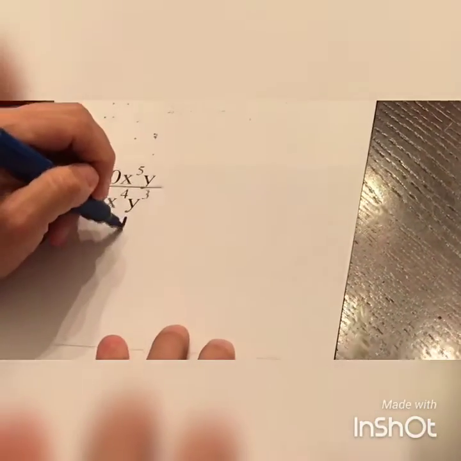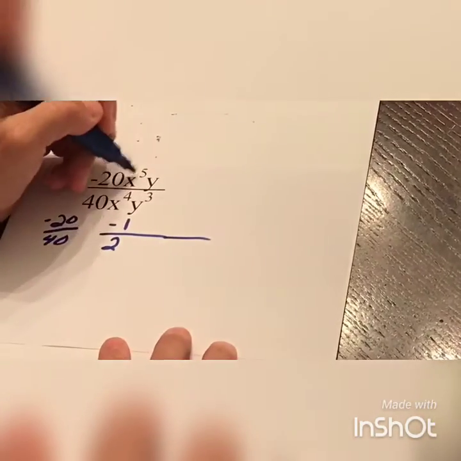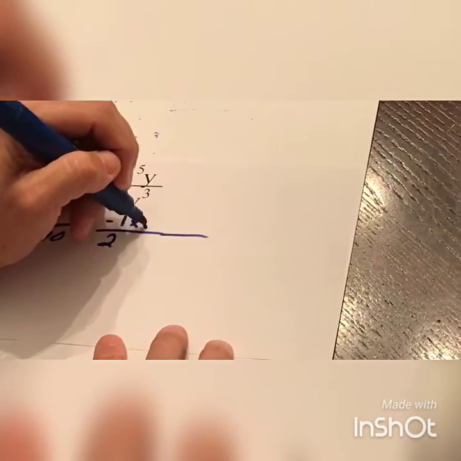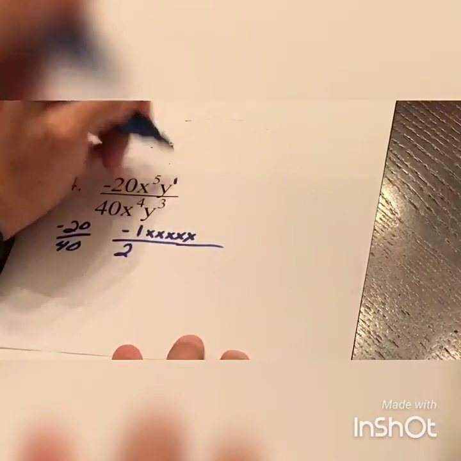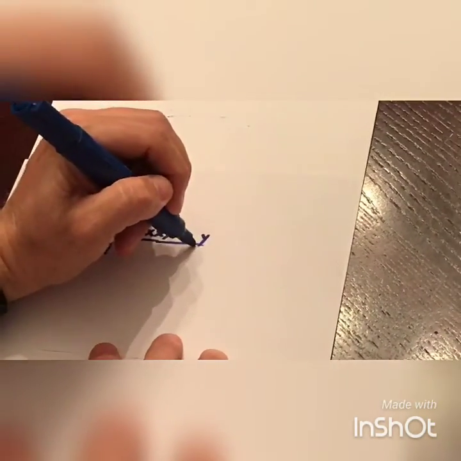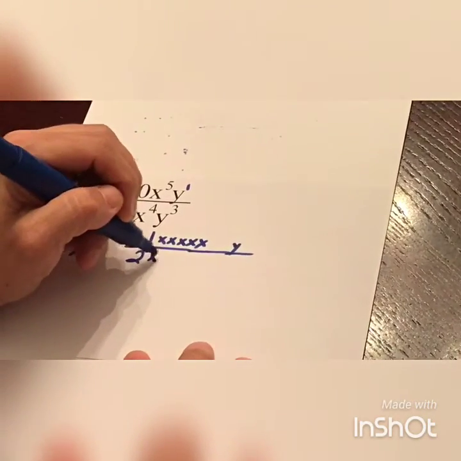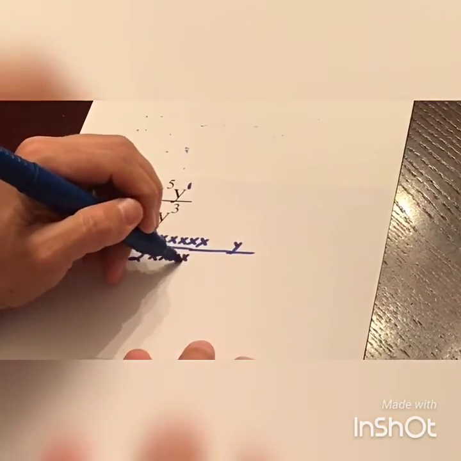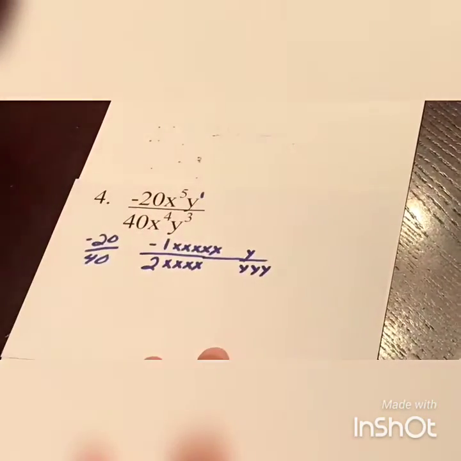So -1/2. X to the 5th. 1, 2, 3, 4, 5. Y to the understood 1. Y. X to the 4th. 1, 2, 3, 4. Y to the 3rd. 1, 2, and 3.